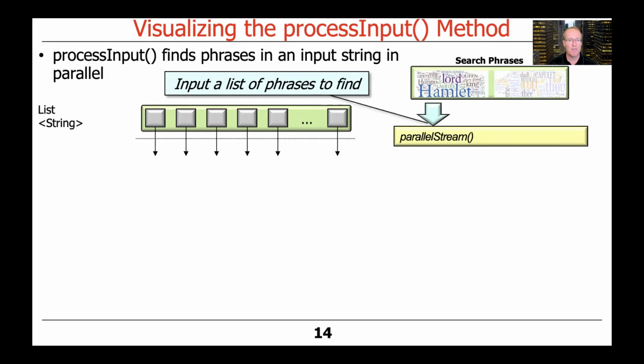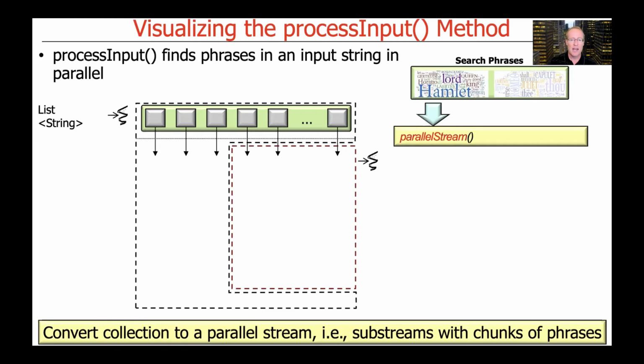So processInput finds phrases in an input string in parallel. You get an input string and a list of phrases to find on a given input string, like Hamlet, for example. And then we're going to go ahead and convert that list of phrases into a parallel stream of phrases.